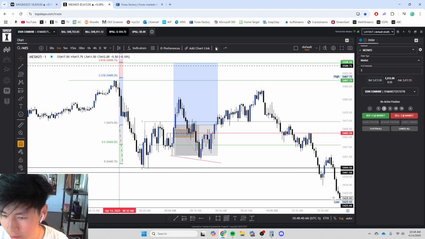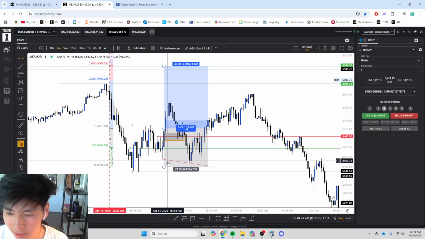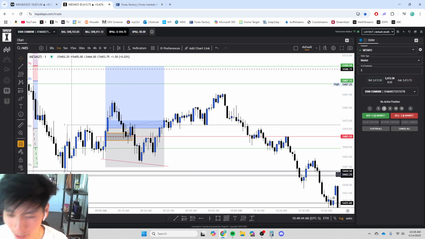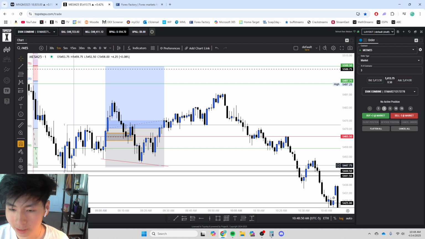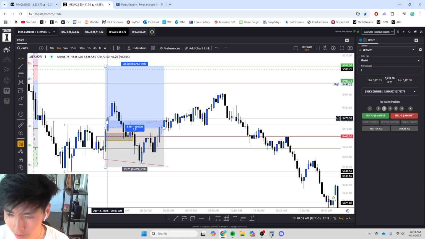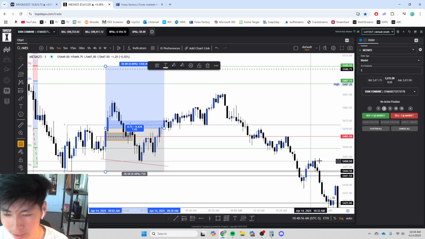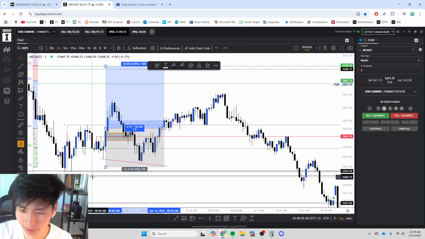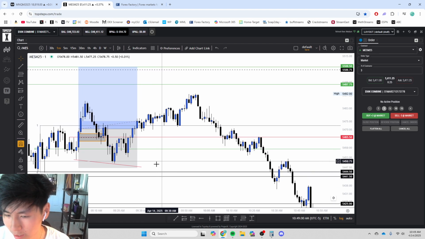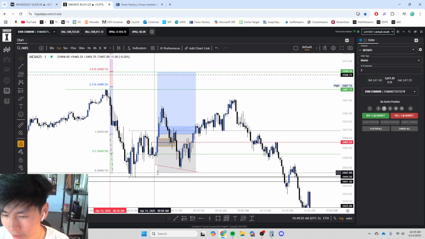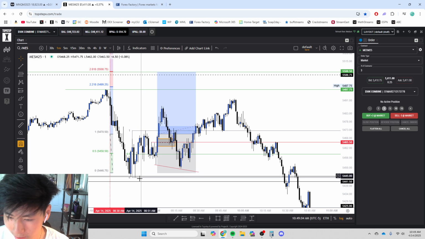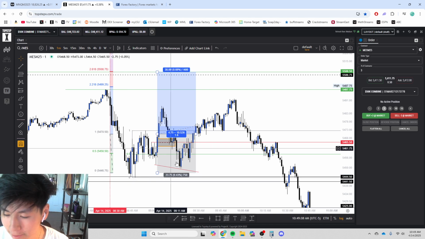I put my stop right here because I want to put it at this low. What is our trade based on? It's based on equilibrium from this low to this high. So I would like to have put it right here. Doesn't even matter, but for the future, I do want to do that, but I couldn't because we were already risking so much right here.